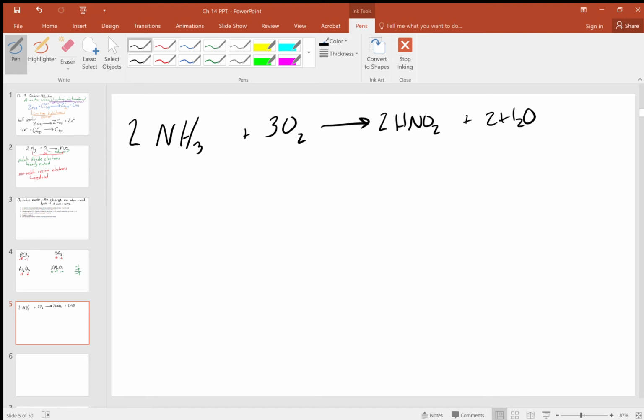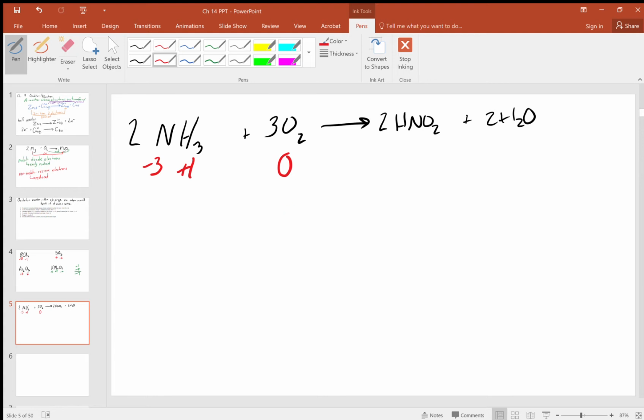So what would be oxidized and what would be reduced here? Well, we go through the same series of steps that we did before. Hydrogen we know is +1. To offset that, we'd need nitrogen here to be -3. Oxygen here is in its elemental state as oxygen gas, so that means the oxygen is 0.